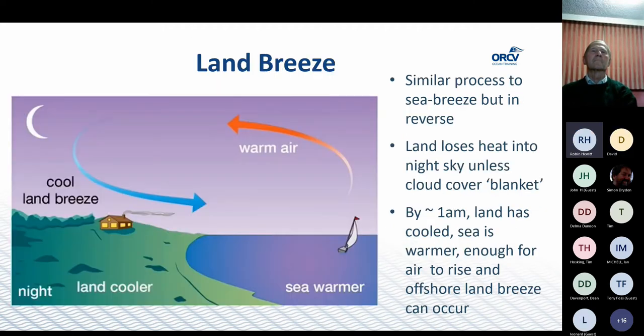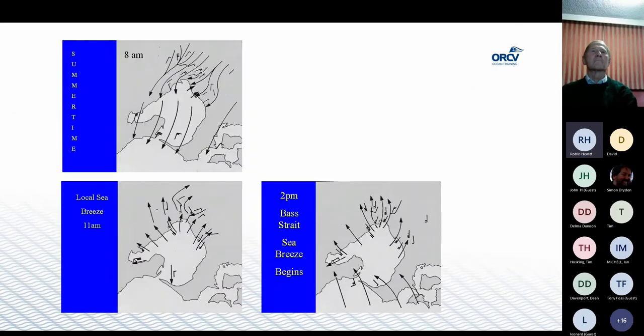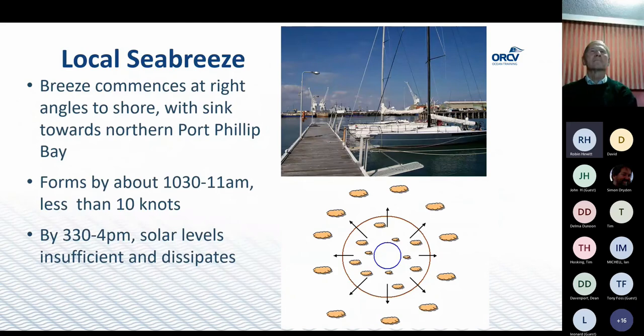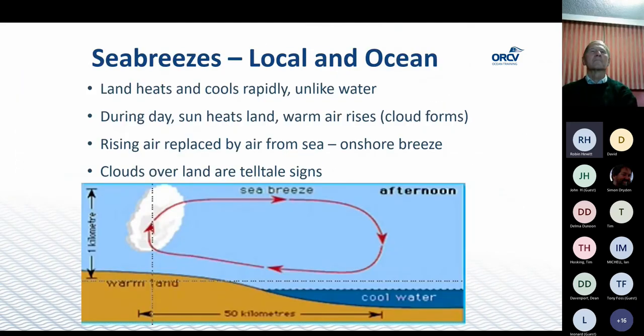Let me go back just a little bit. This is the sink here. This is the heating of the land here. This circulation depends on the temperature difference between the land and the sea.